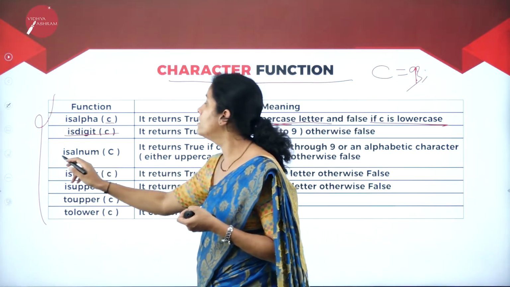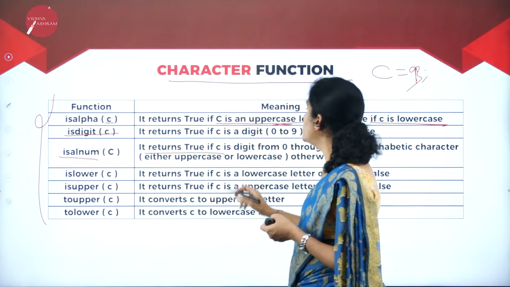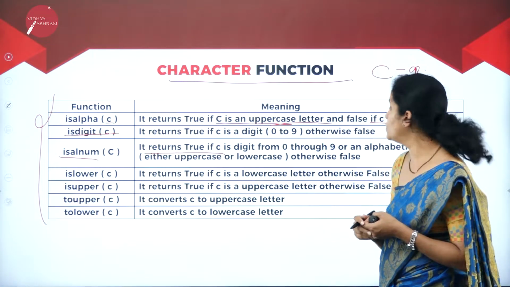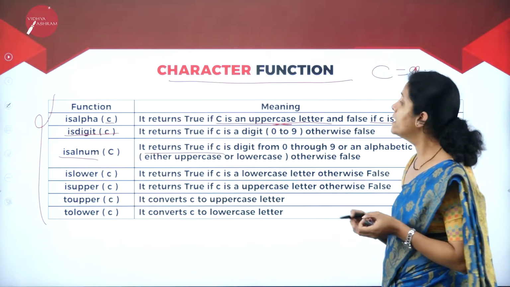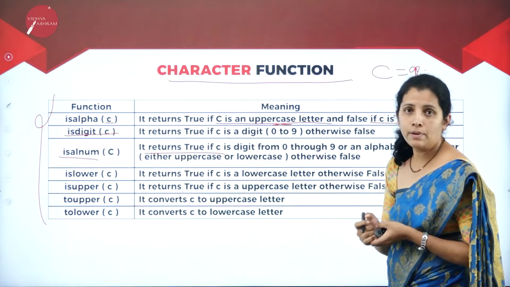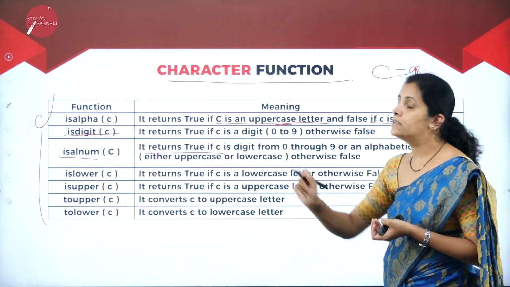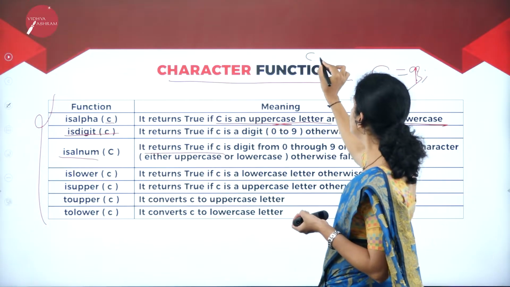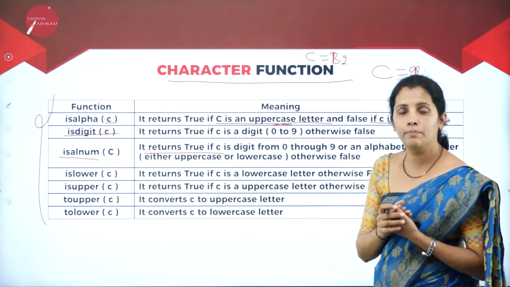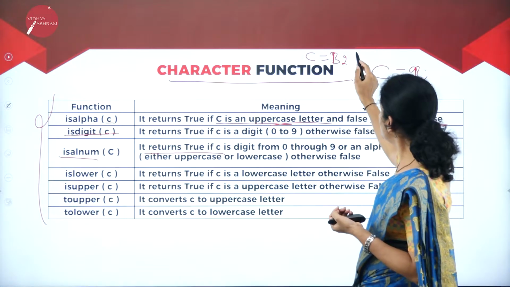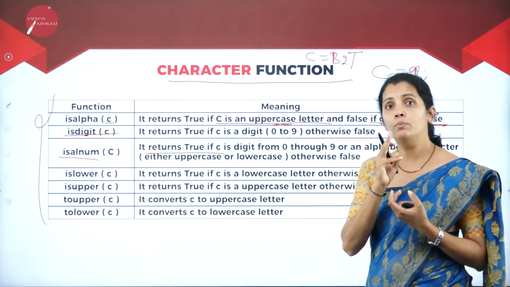Now I'm going to have isalnum, is alphanumeric. It returns true if it is a digit from 0 to 9 or an alphabetic character. That means if I consider the variable c and c holds an alphanumeric value, then it returns true. For example, say c is B2. What's the value here? c is B2, and it's going to return true because c is going to hold the values B and 2.